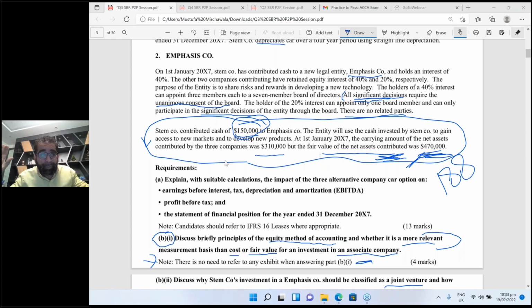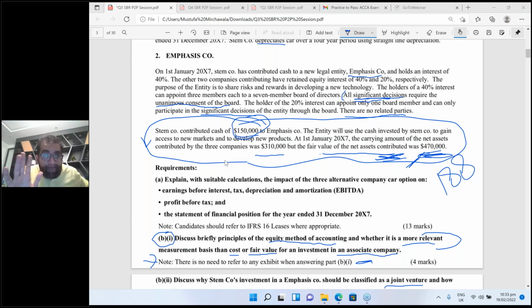Listen, this is SBR. This is not 1 plus 1 equals 2. This is not a closed question. This is an open question. Maybe your comment is different from my comment, maybe different from the examiner's comment. This is totally possible. So maybe those who valued the fair value of net asset have done some mistake. And one more point.